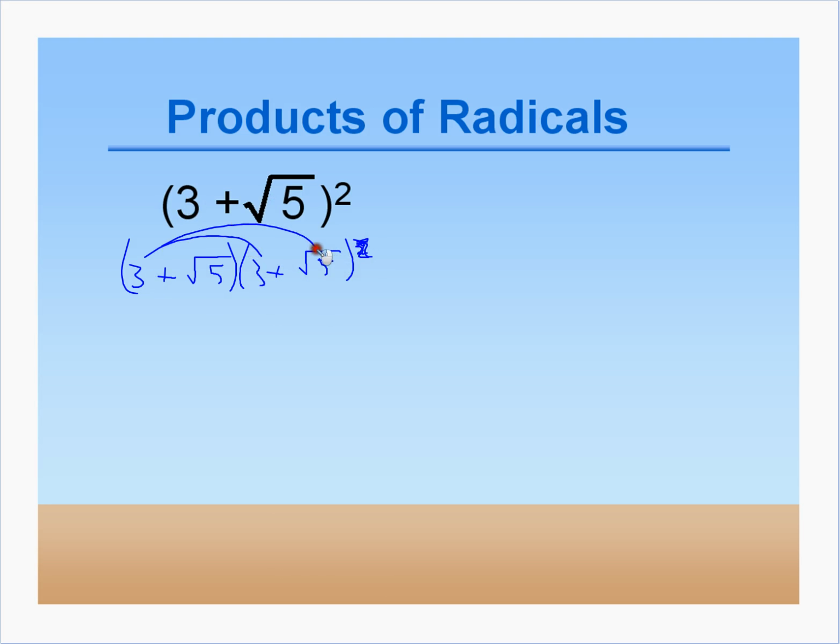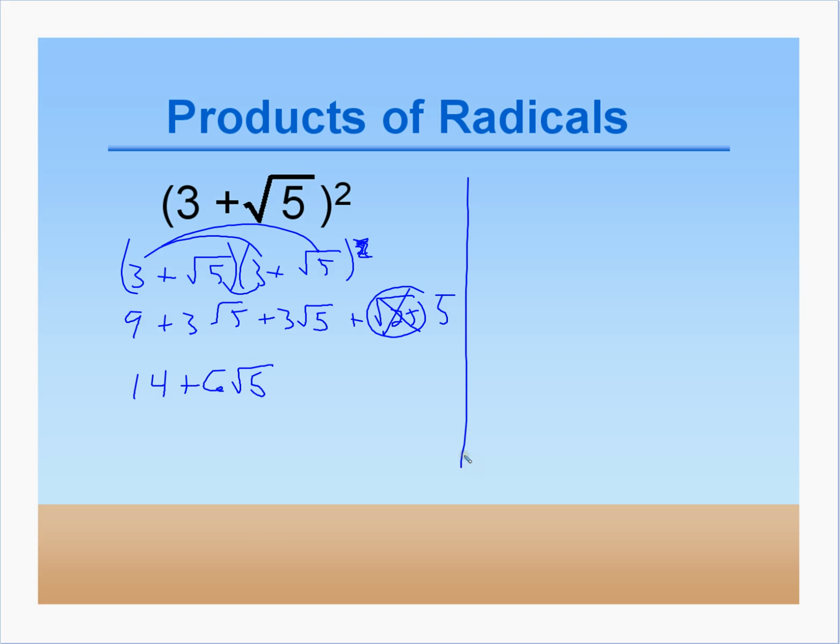So you can multiply it out, and you get 9 plus 3 root 5 plus another 3 root 5 plus root 5 times root 5 is root 25. Well, we know that that is just 5. And so we have 9 plus 5 is 14 plus, we really had the same thing here, so it's 6 root 5. And that's how we remember how to use this formula.